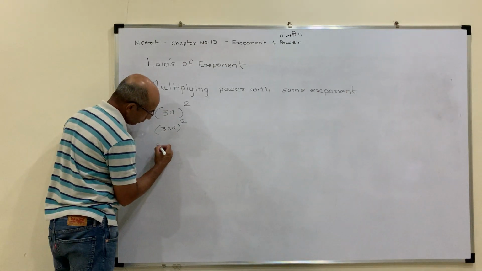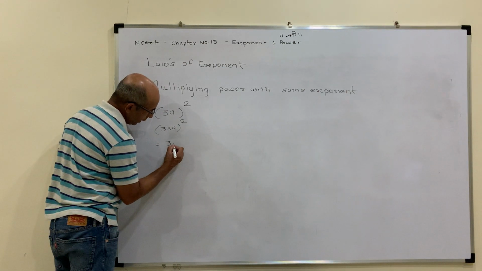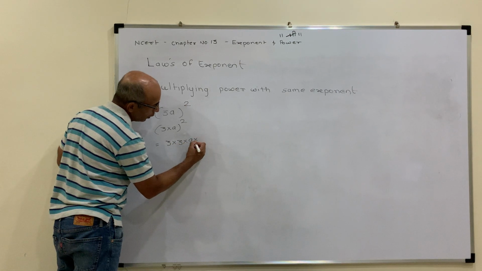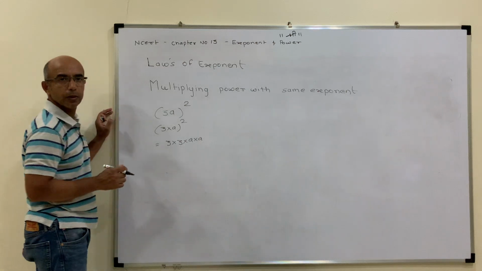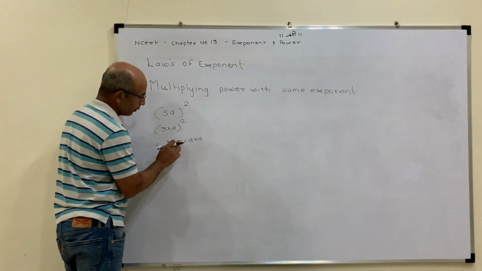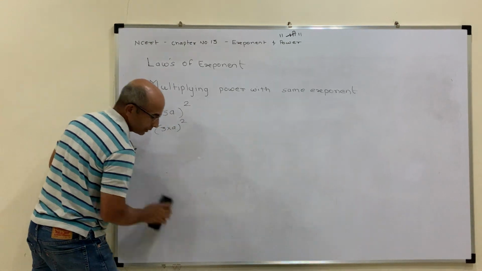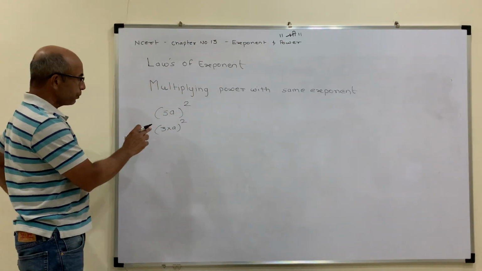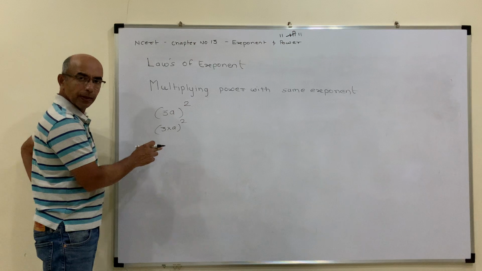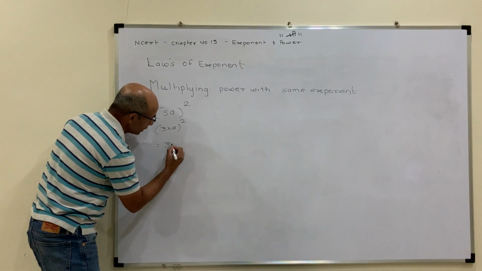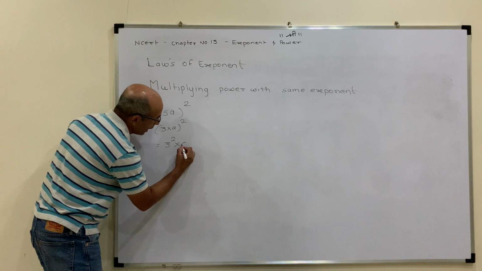So this is simplified as 3 into 3 into a into a. Let me add one more step for you to understand it better. When the exponent is same and there is a multiplication between the two numbers, we say 3 square into a square.